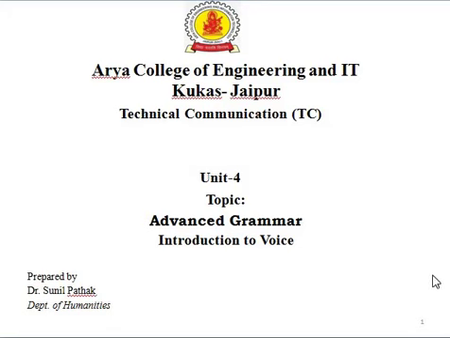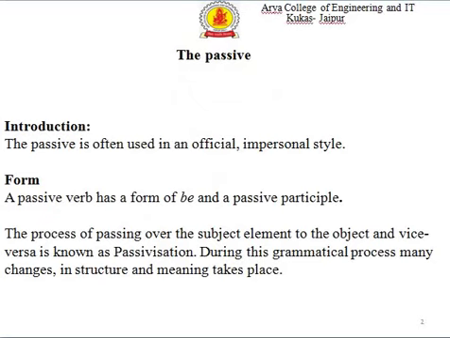Hello students, today we are going to consider the advanced grammar section, and in that we'll be covering active and passive voice, which you would be well familiar with. Voice suggests the doer.